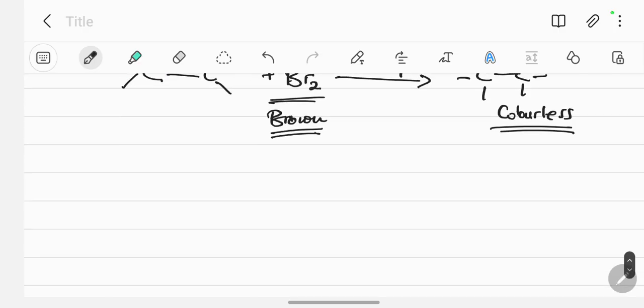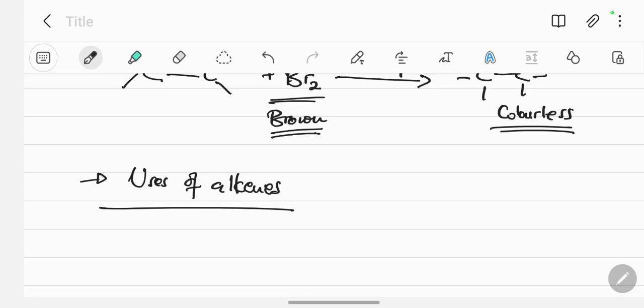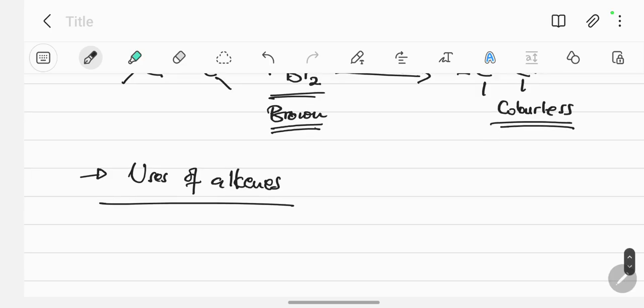So then the other thing you have to at least look into are the uses of alkenes. And one of the uses of these alkenes is in polymerization, and in making of plastics.